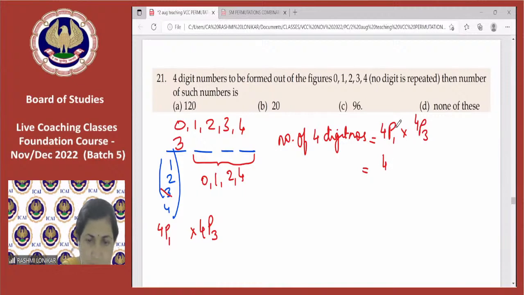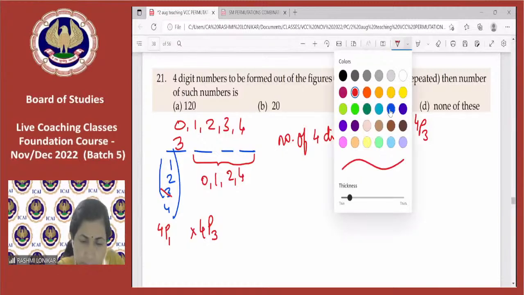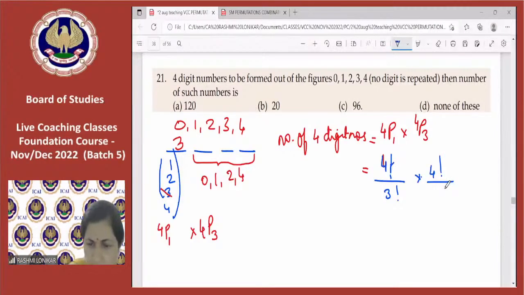4P1 is 4 factorial upon 3 factorial into 4 factorial upon 4 minus 3, that is 1 factorial.